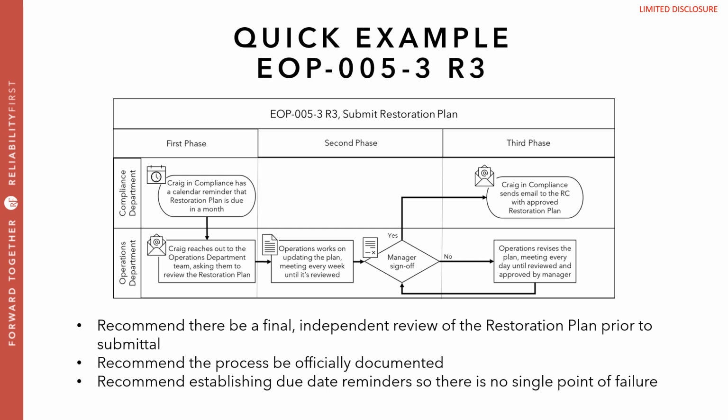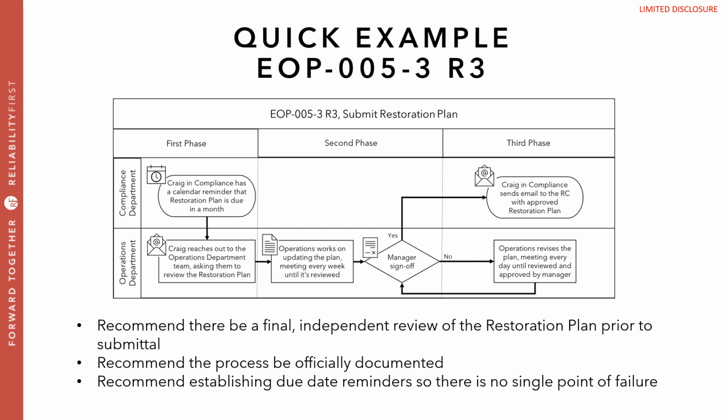For example, what if the manager does not approve the updated plan? Following the no path, as we see in our diagram, this leads to the operations team going back to revise the plan, meeting daily until they get that approval and sign off. Looking at it now, do we know how long that process could take?